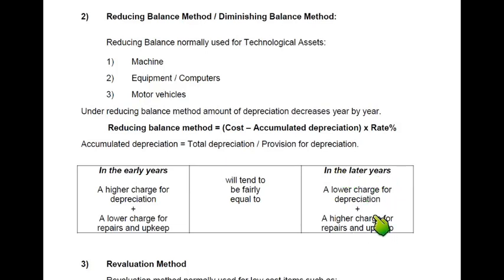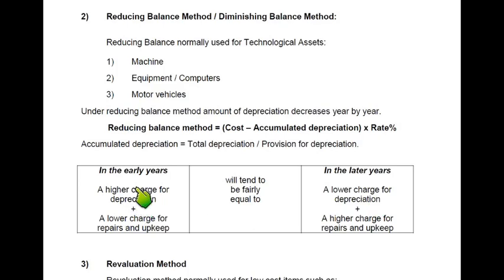Now vice versa for later years. In the future years, repair and maintenance steadily keep growing, because as the car gets older, it needs a mechanic sooner or later, and it needs maintenance and oiling more often than it did previously. If the repair and maintenance keep increasing, therefore we will be charging lower depreciation.